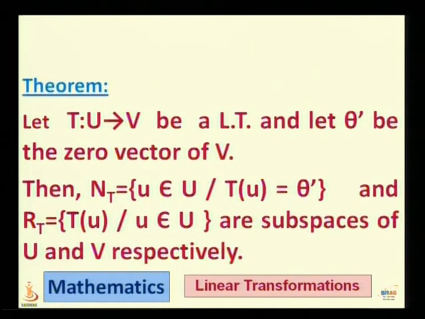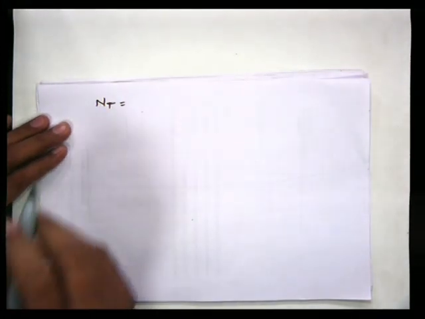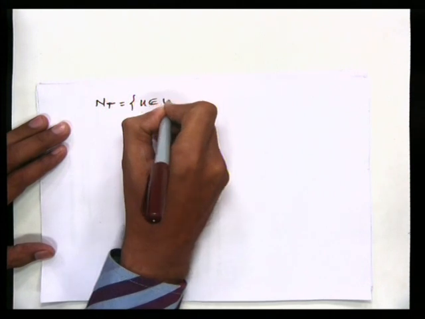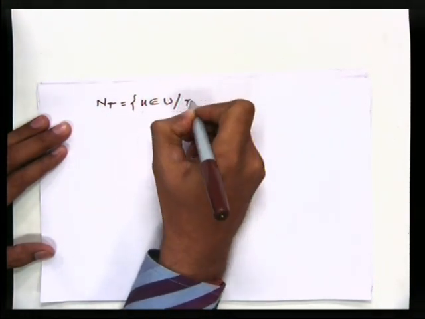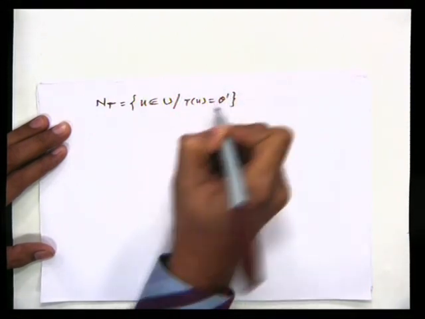first we have this set NT, which is equal to the set of vectors small u belonging to capital U where T of u equals theta dash.